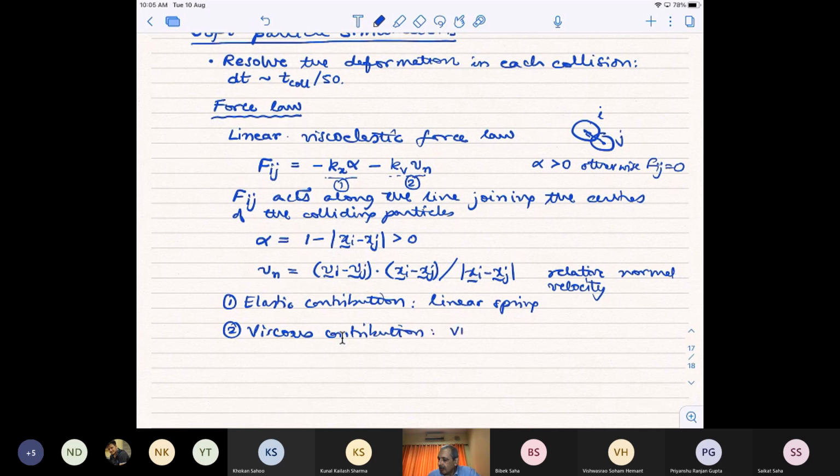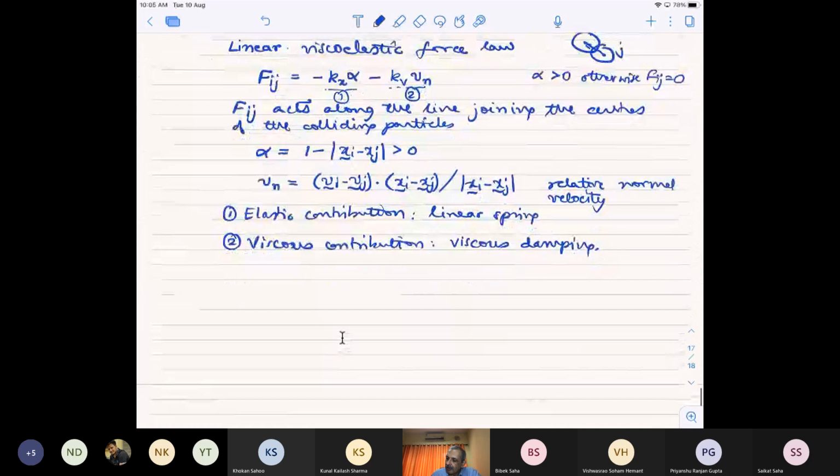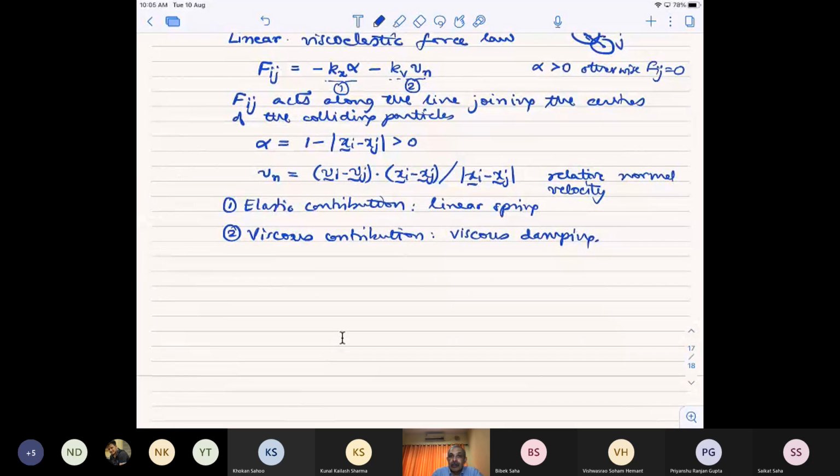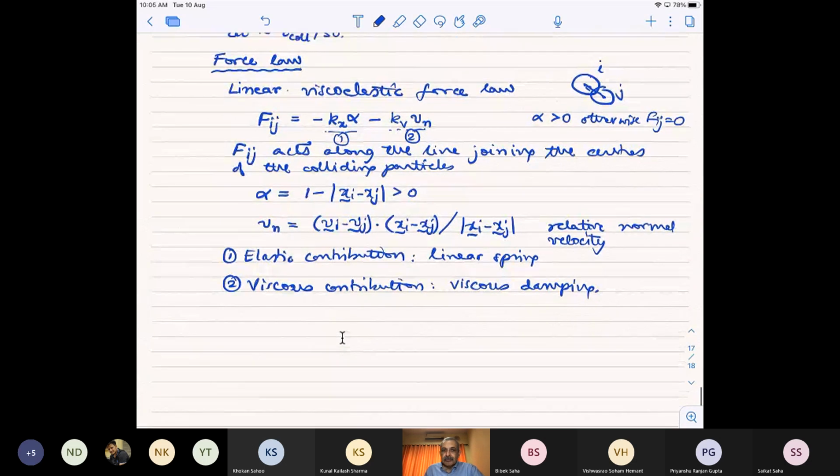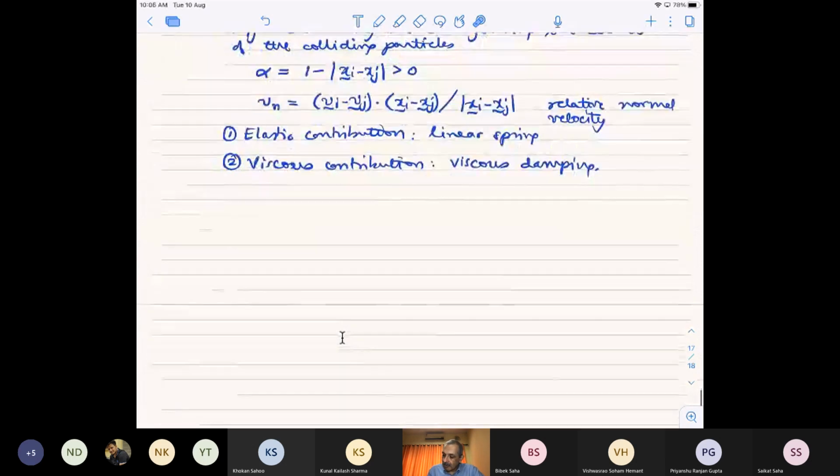So you can say this is nothing but viscous damping. So the first term is purely elastic, and the second term gives you the energy loss due to viscous dissipation.